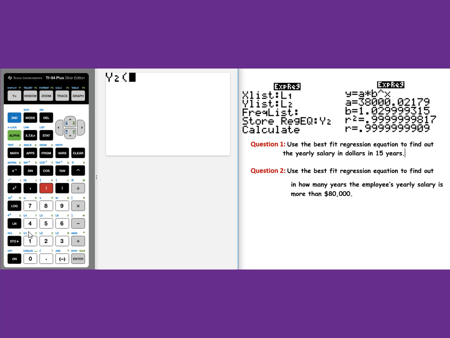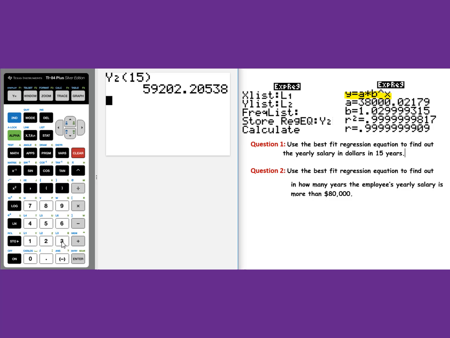Then I put the parentheses, here's 15. Then press enter. That's your answer. The second method is we already got this regression equation, and you can just plug x equals 15 into this equation. Then you can get the answer.